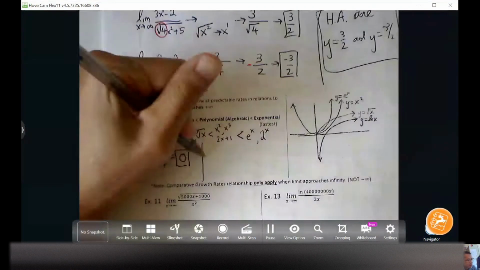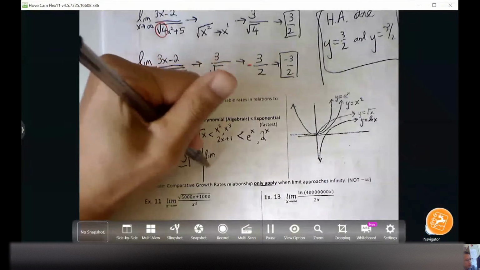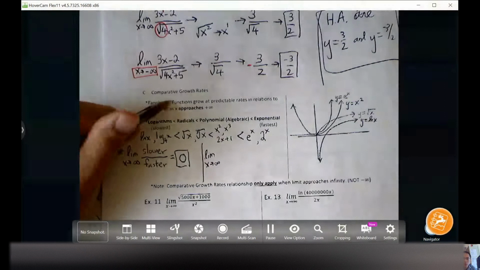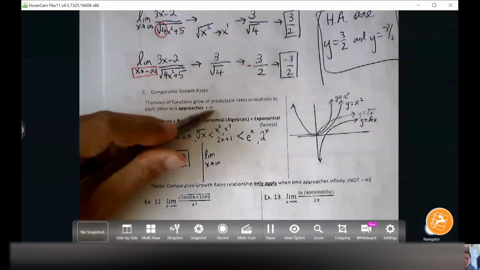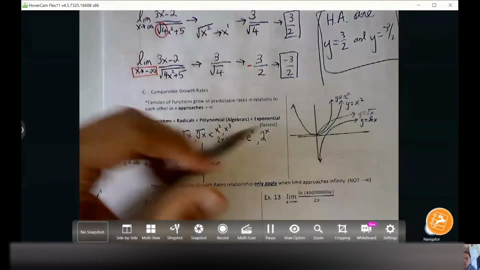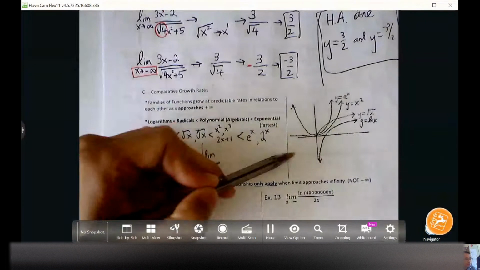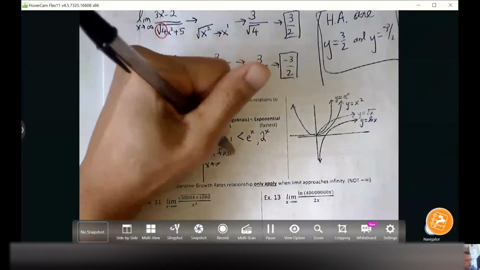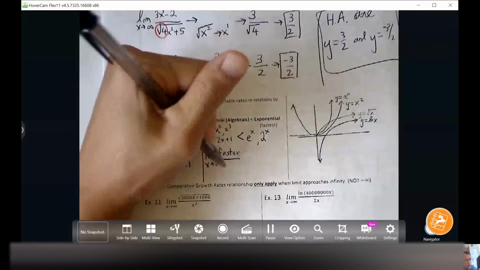Likewise, if I have limit as x approaches infinity, and again, there's no negative infinities here, this relationship only works if we're moving to the right, to positive infinity. It doesn't work in the negative region. Let's say we had the faster growth up top.